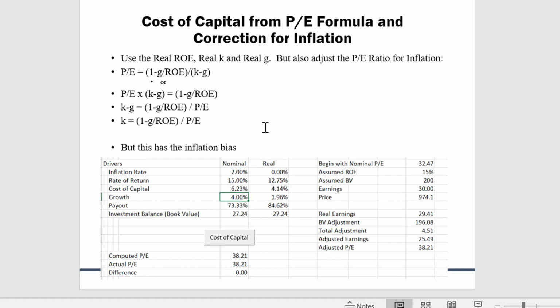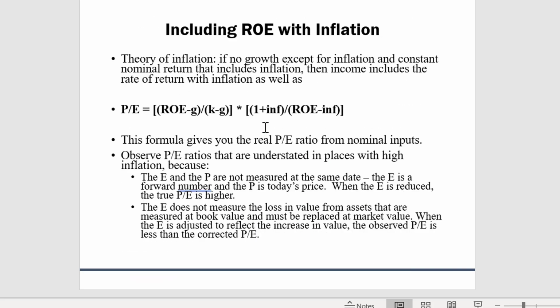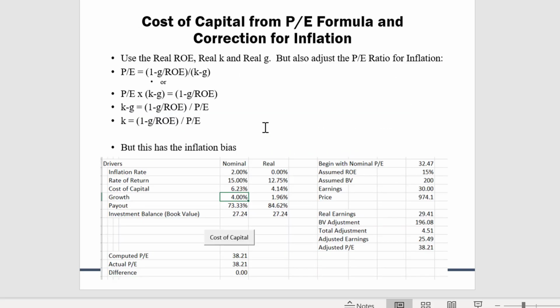That's what you can do, but it gets a tiny bit more complicated when you include inflation, because the E is the next year's earnings, and we have to be a little bit careful with it, and that's where this formula corrects it. But this would be an alternative way. Now, instead of computing beta and the equity market risk premium, we would have some accurate estimates of G, and over the long run, we shouldn't assume a G that's much higher than the rate of inflation, or maybe the nominal growth rate in the economy.